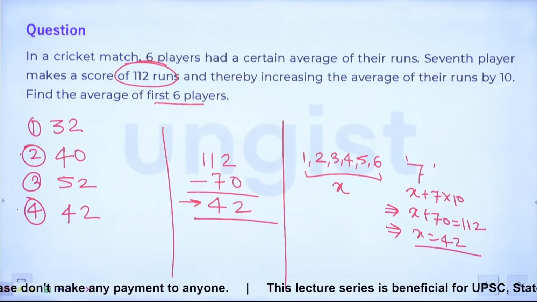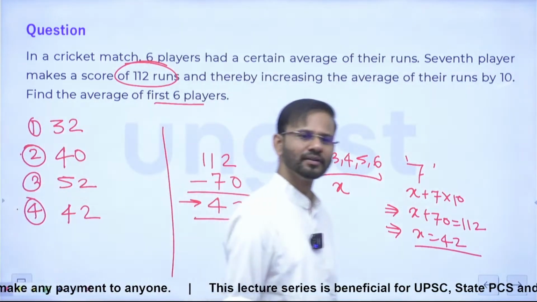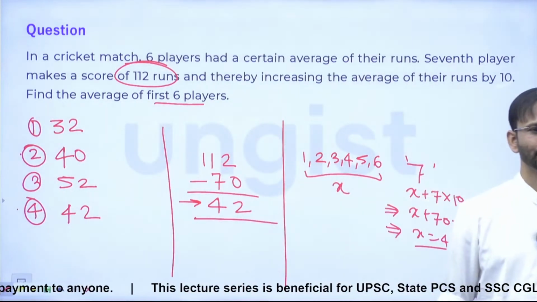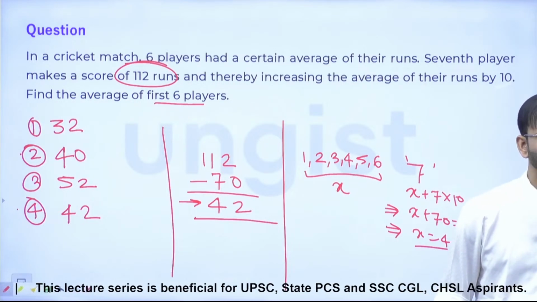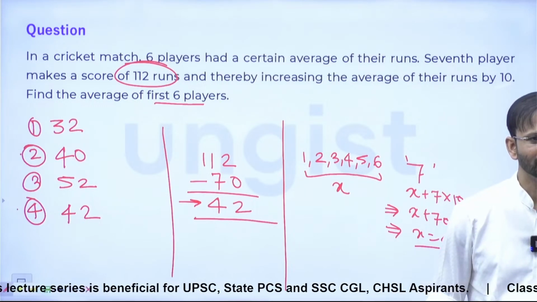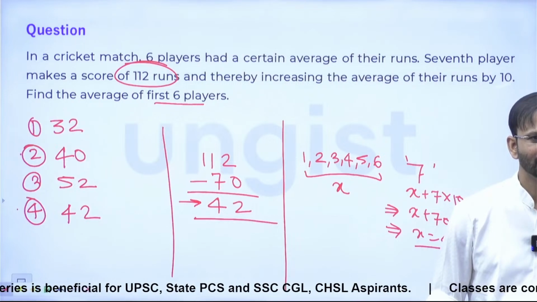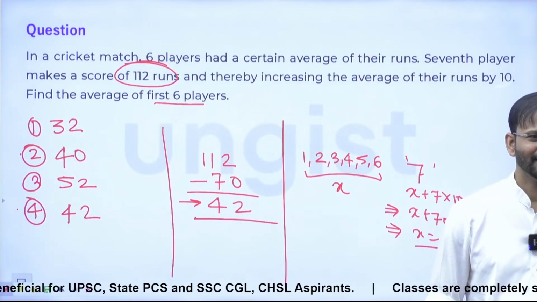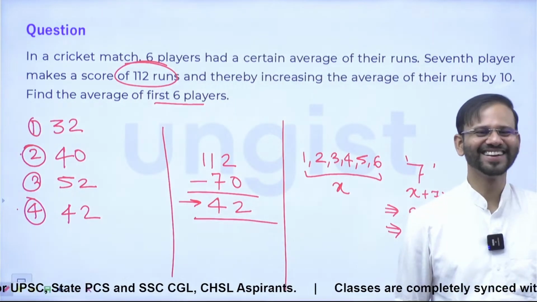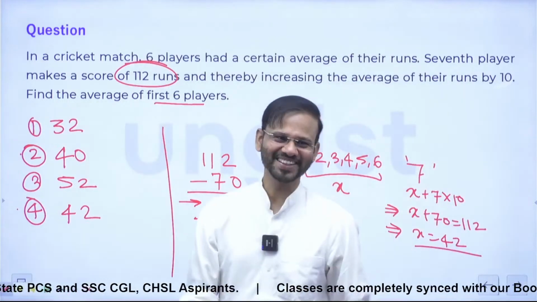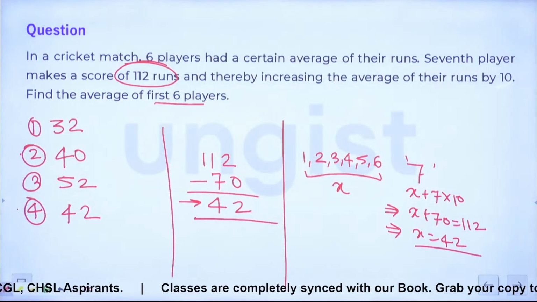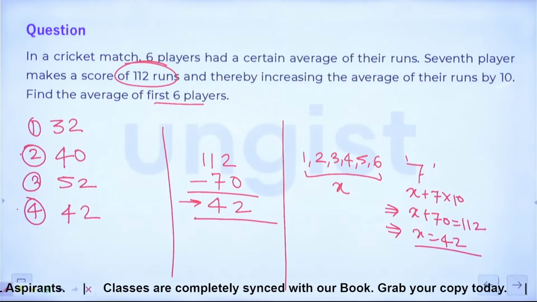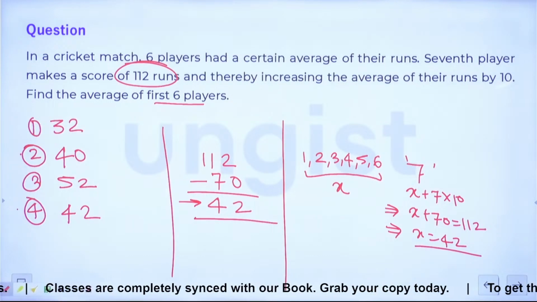Ayan, what was your confusion, by the way? When the 7th player scored 112 runs, I was trying to subtract it and then multiply. Alright.